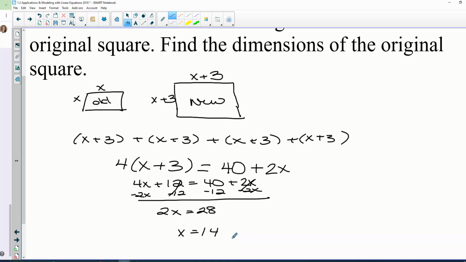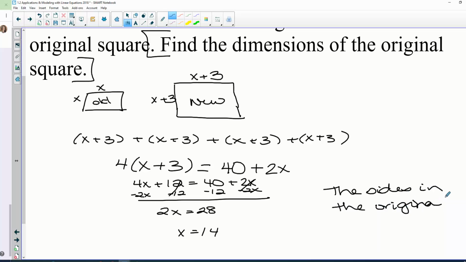Okay, am I done? No, what's my final thing? We have to have a sentence. Go back and make sure you know what the question was. We wanted the dimensions of the original square. So the sides in the original square were, okay, the original, that was just my x, so 14, what were my units in this?